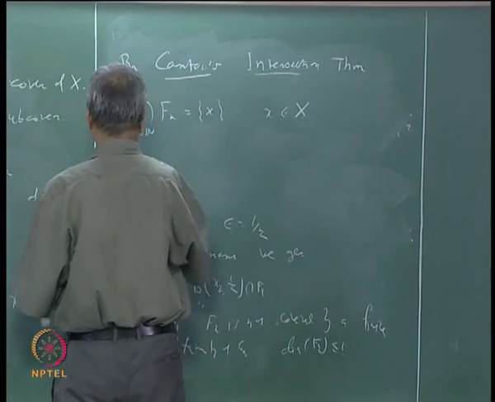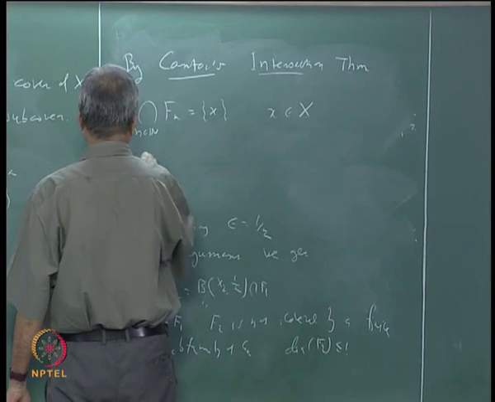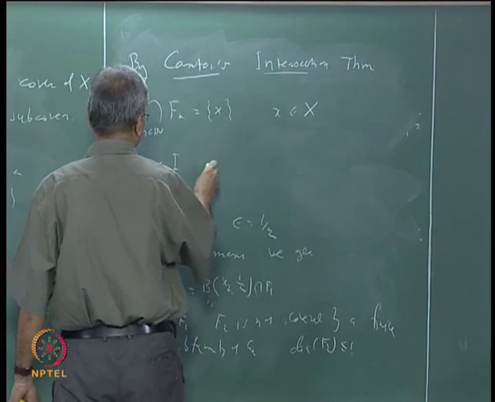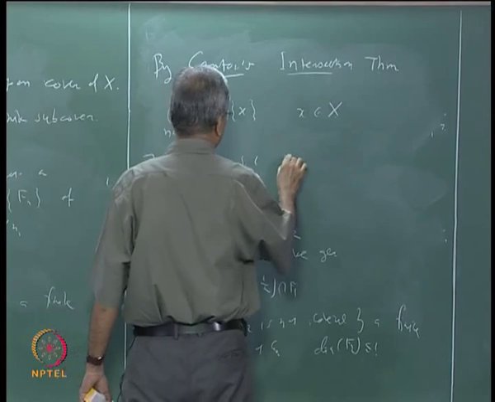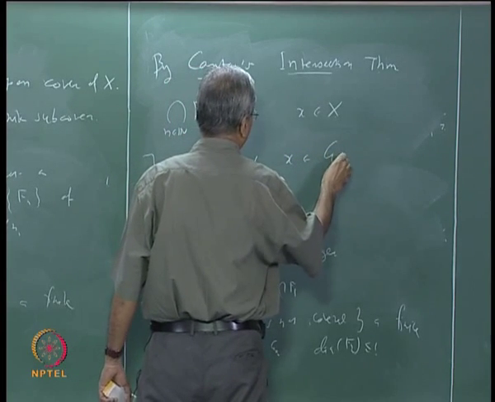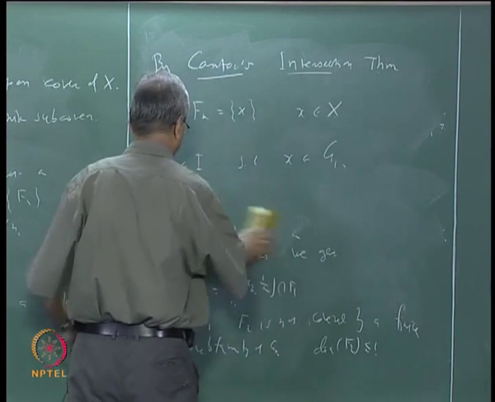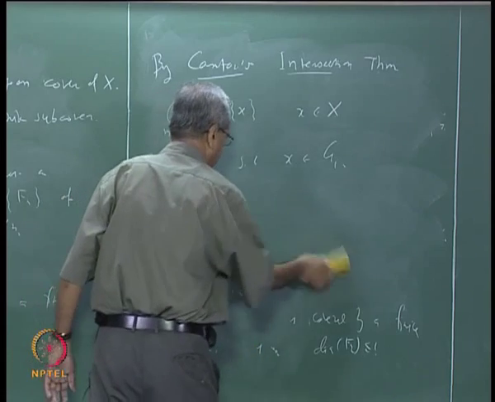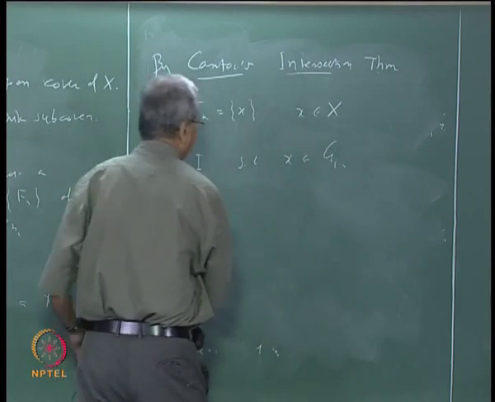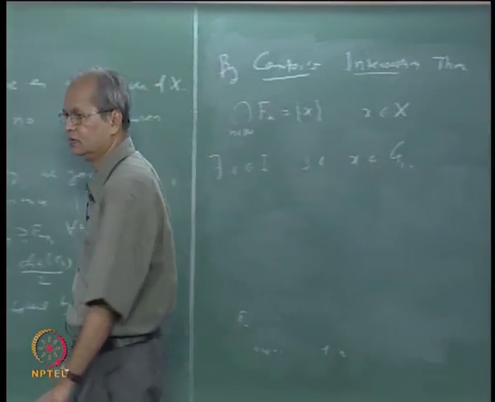So there exists, let us say, i in I, small i in big I, such that x belongs to G_i. But this is an open set.